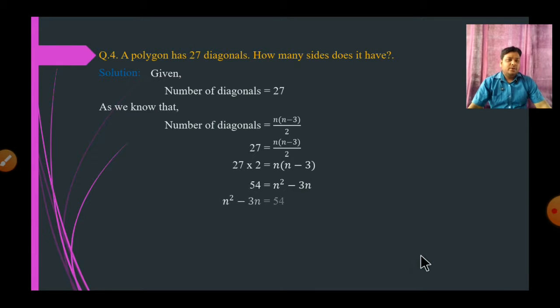Now we will rearrange it: n square minus 3n in LHS and 54 in RHS. If you are changing the position of all the values of LHS and RHS, then the sign will not change. Okay students. Now we will take 54 to this side, so minus 54.